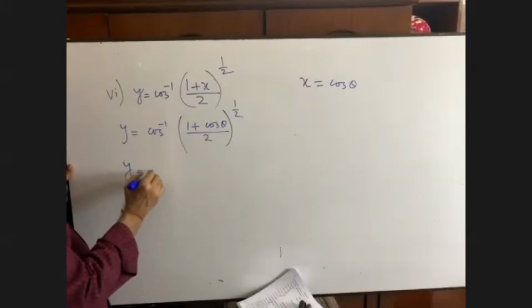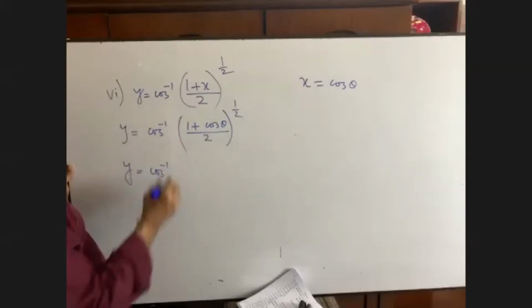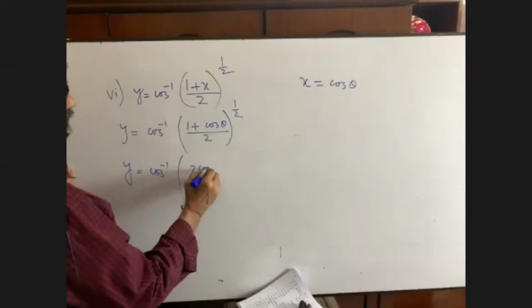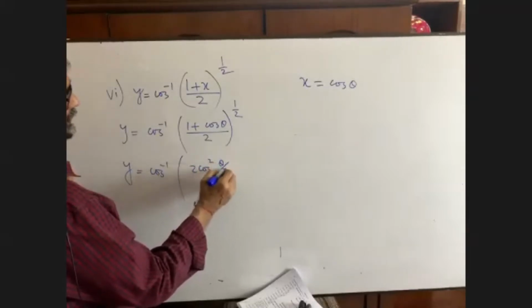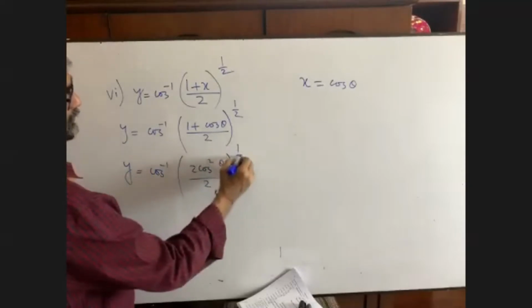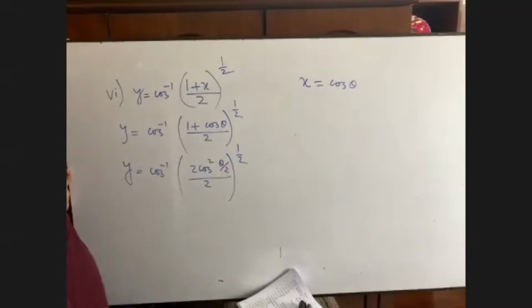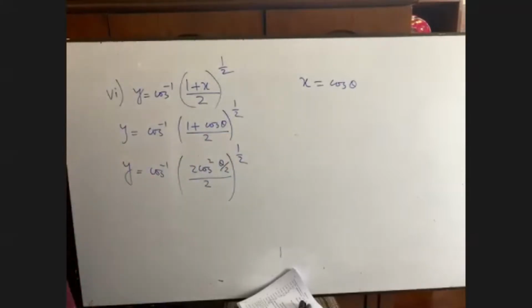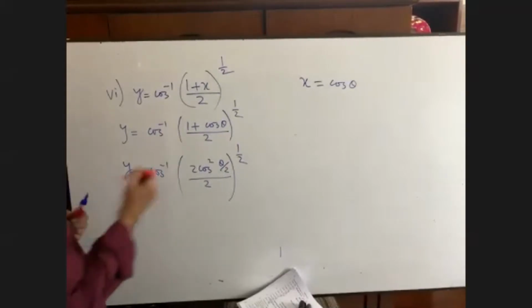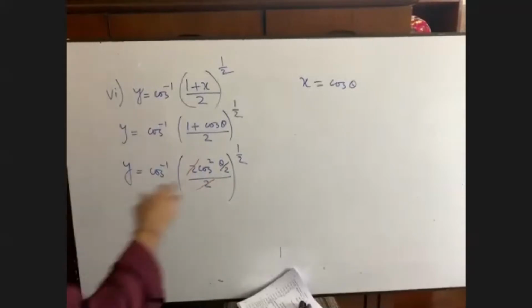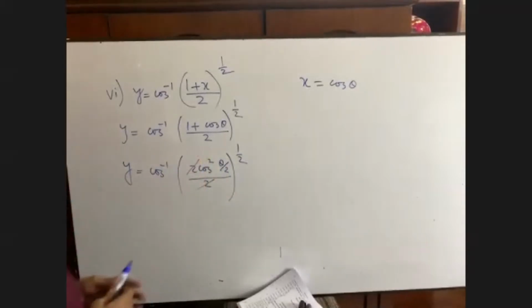So y equals to what? What is the formula of 1 plus cos theta? 2 cos square theta by 2. So the 2 is omitted, and this power half and this power 2 will be omitted.